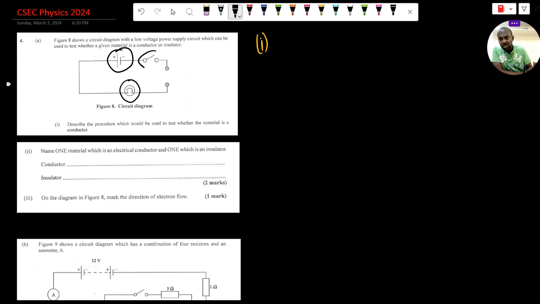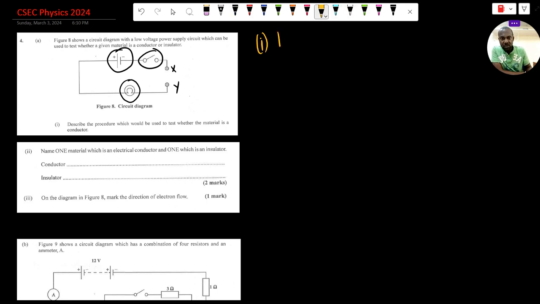We of course have a switch, and we have two terminals, between which we typically place our component. Let's call those terminals X and Y. So we would place our component between the terminals X and Y, and then close our switch and see what happens. So these are the steps that we could follow.